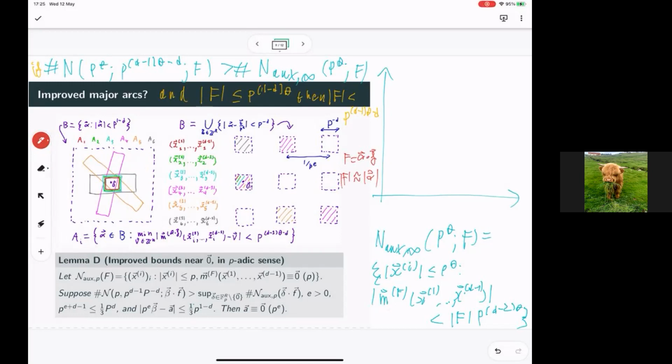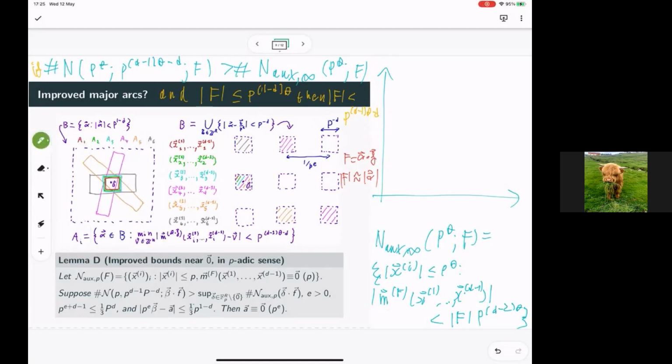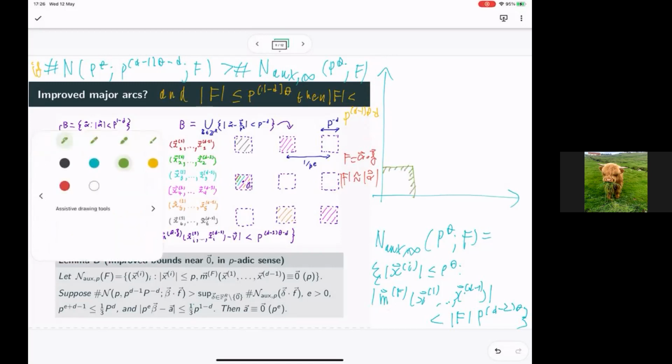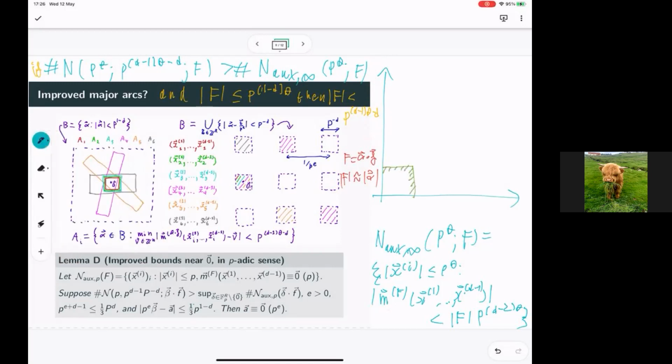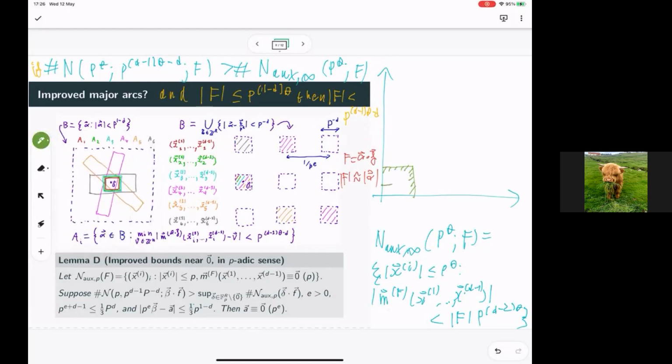And so what real repulsion says is that if you can show that this bad set is small, then all of the points where the exponential sum is large in a particular neighborhood of the origin actually have to be contained in an even smaller neighborhood of the origin.